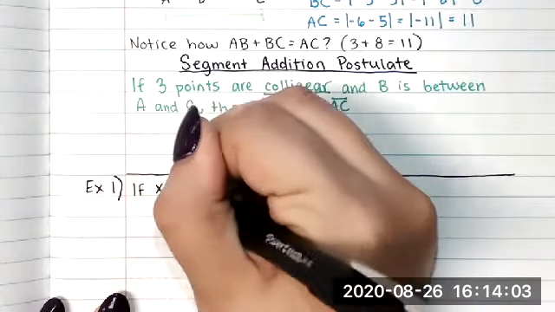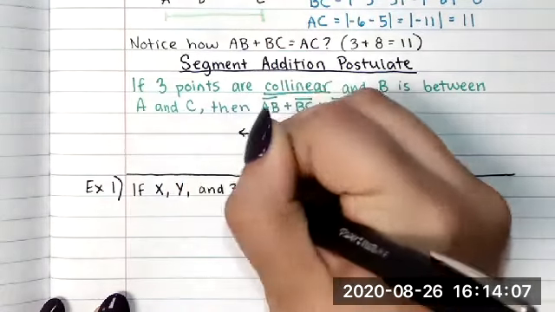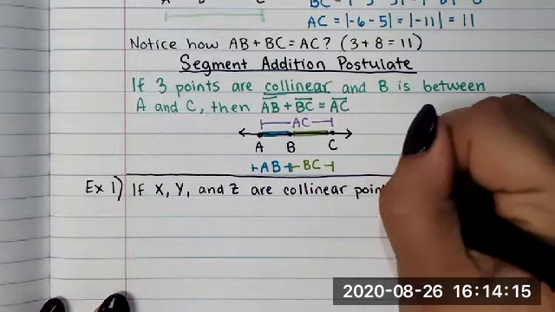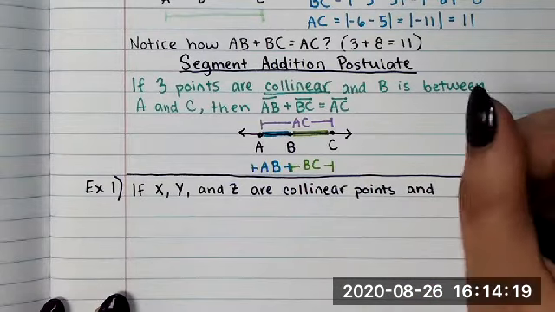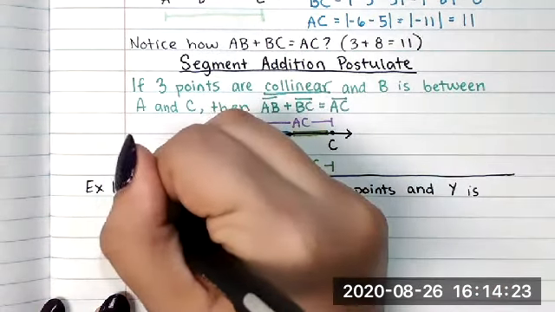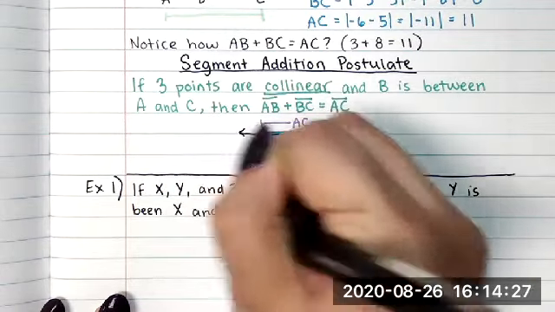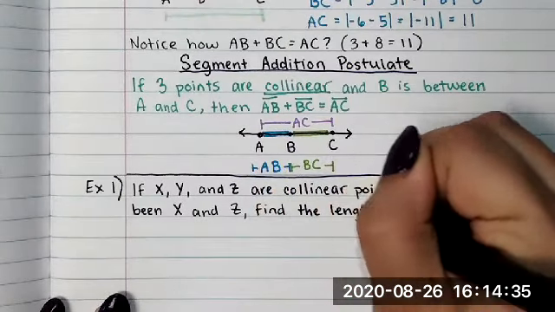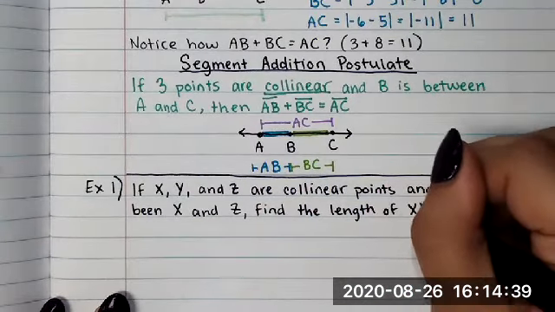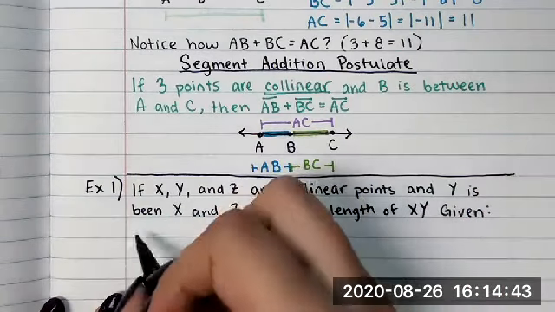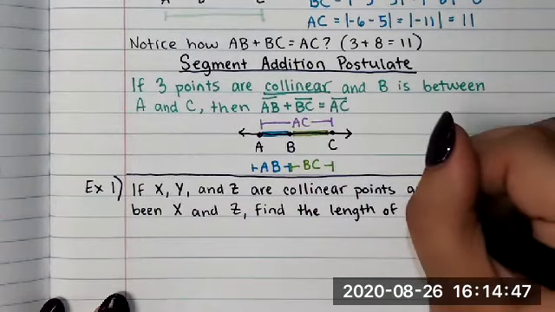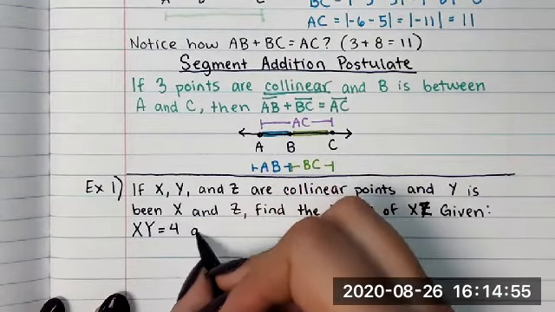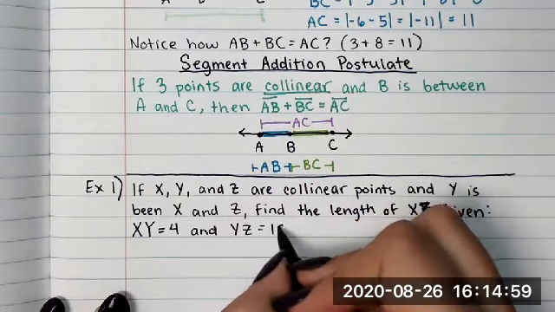So if X, Y, and Z are collinear points, and Y is between X and Z, find the length of XZ given XY is 4 and YZ is 10.